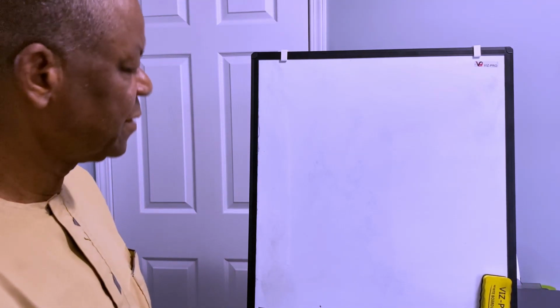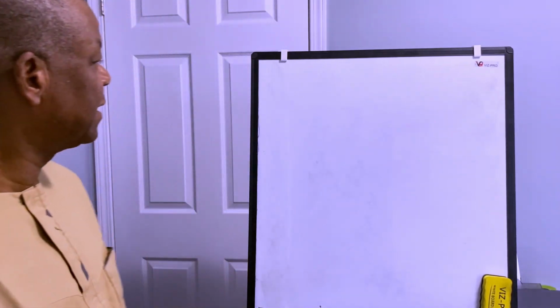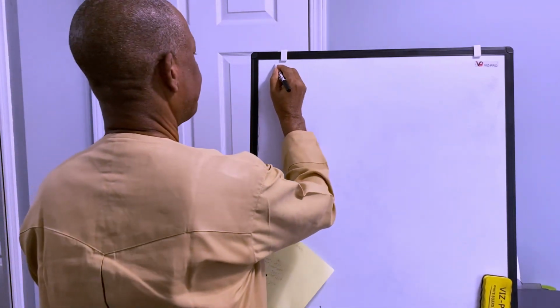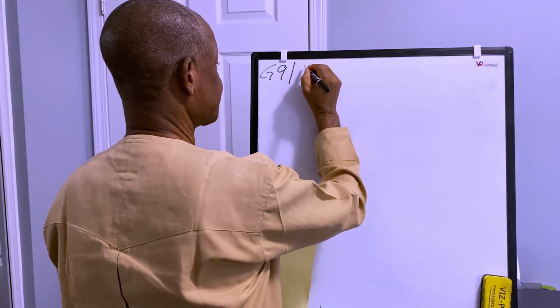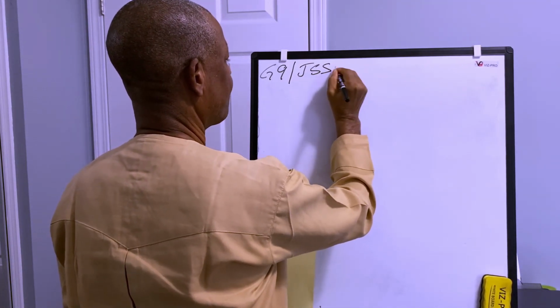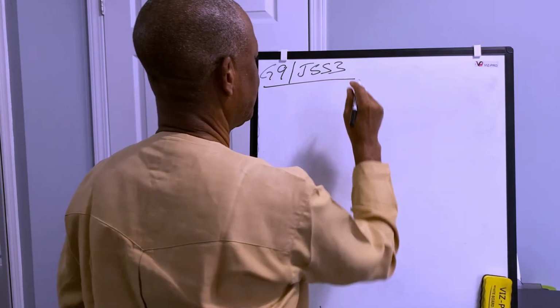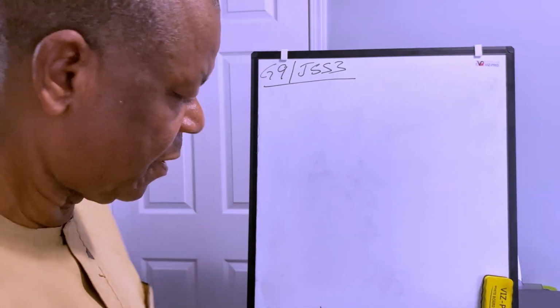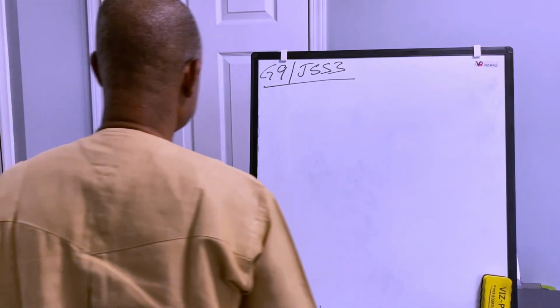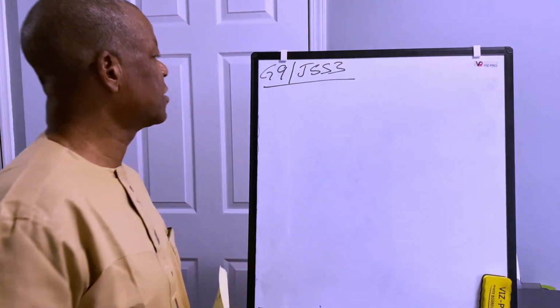Our discussion is for grade 9, equivalent to JSS 3. And today we are going to treat the operations of exponents, which is the same thing as the law of indices.